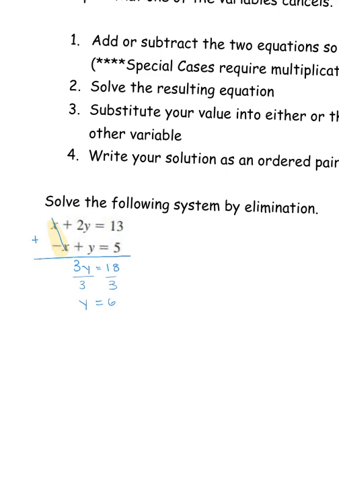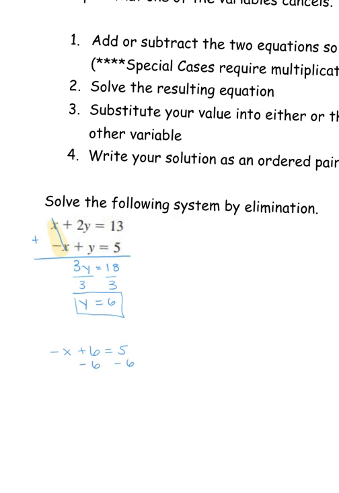Just like with graphing, just like with substitution, I have to have a value for my x and my y. So now I'm going to solve for x. Again, it does not matter which equation you use to solve for x. You're going to plug in 6 anyway. So I'm going to use the second equation. So I have negative x plus 6 equals 5.